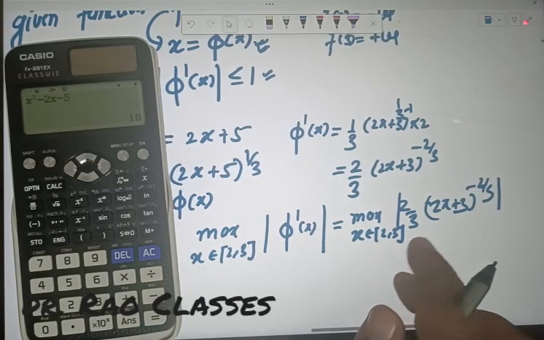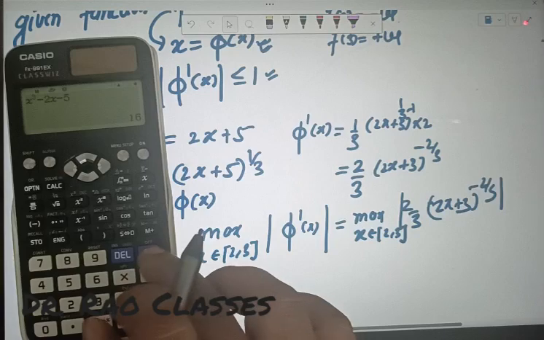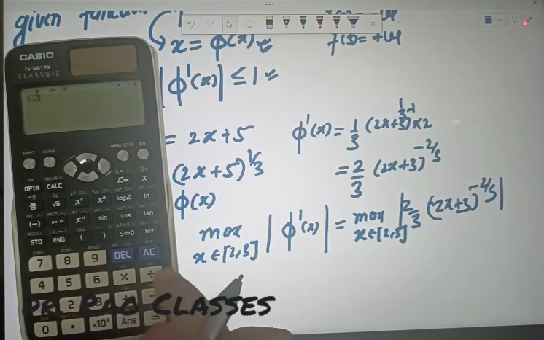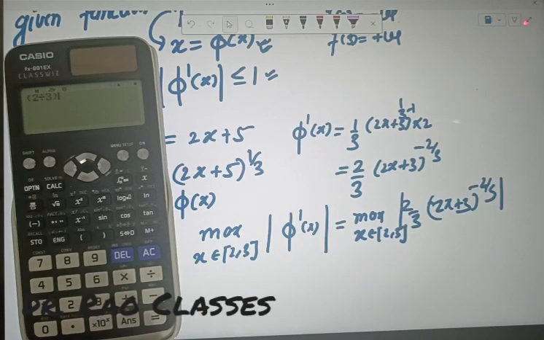To check the maximum value of this, come on, type this: 2 divided by 3, right?